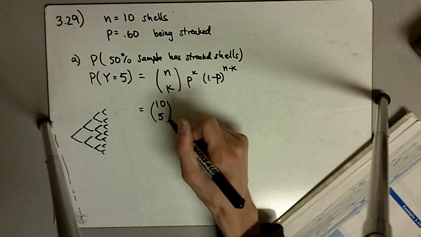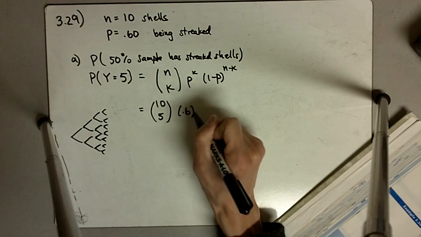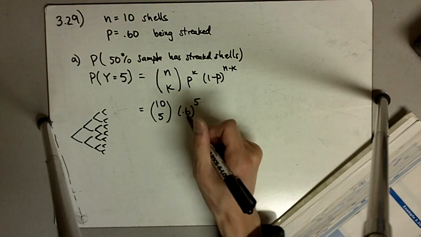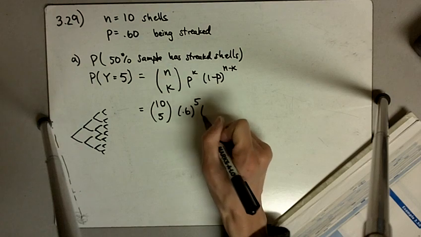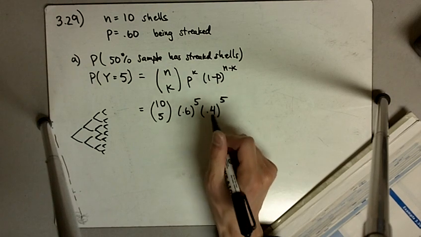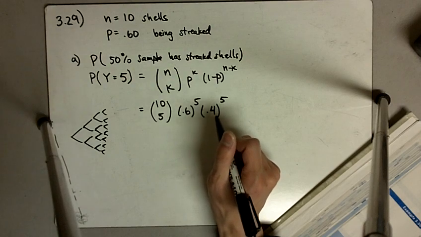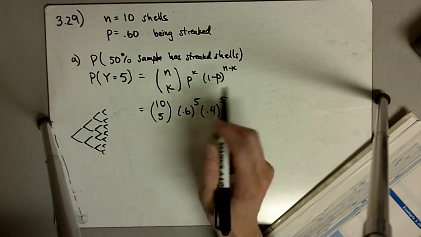And so we plug in 10, 5. P is equal to 0.6. 5 of the shells have to be streaked with that probability, and the remaining 5 shells will have to be not streaked. Or pallid, I guess.